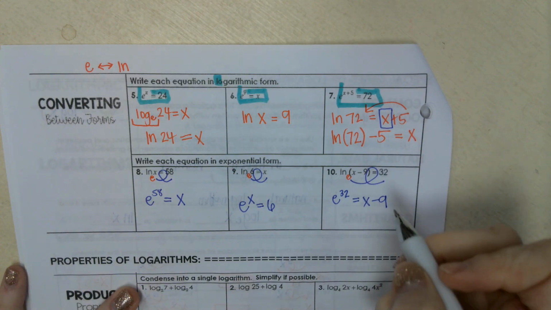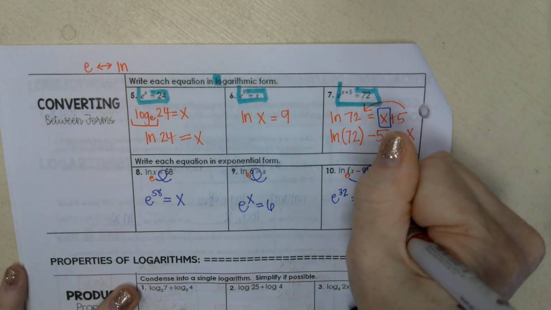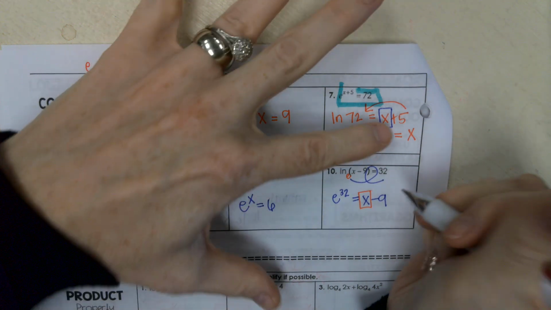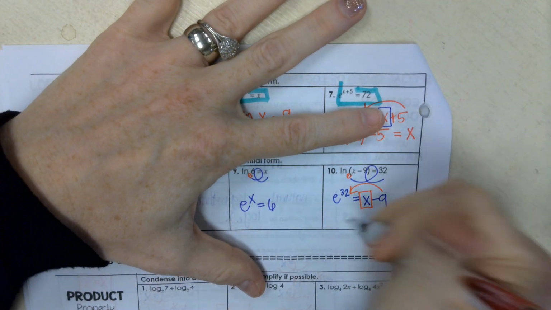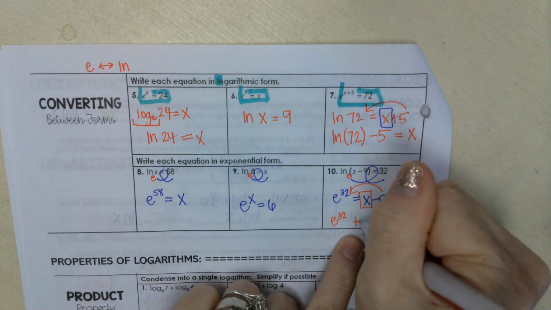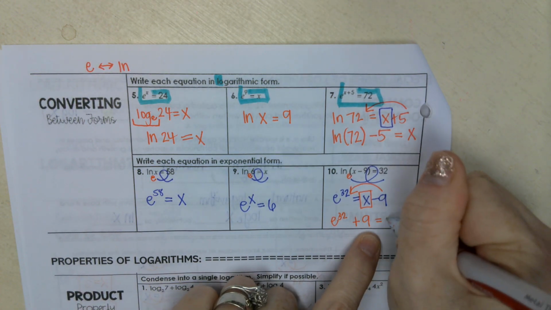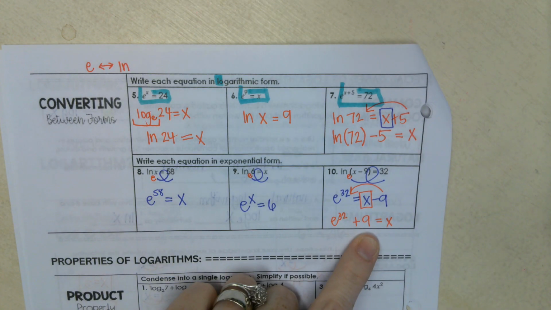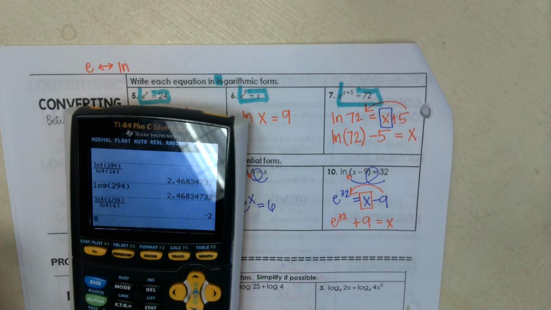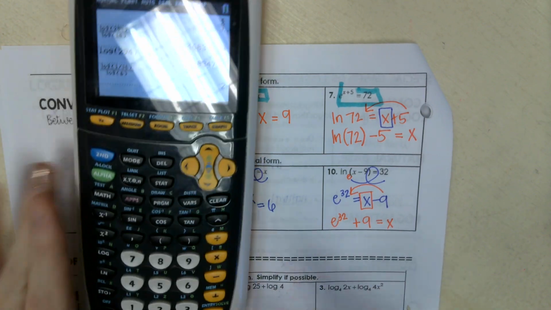Once again, if I am trying to solve for x, what do I need to do to get rid of what's with x? Move it. Now, this is e to the 32nd power, not up in the exponent. There's going to be a big old plus 9 out in the back. So when you're putting that in the calculator, when you do e to the whatever power, look right here.